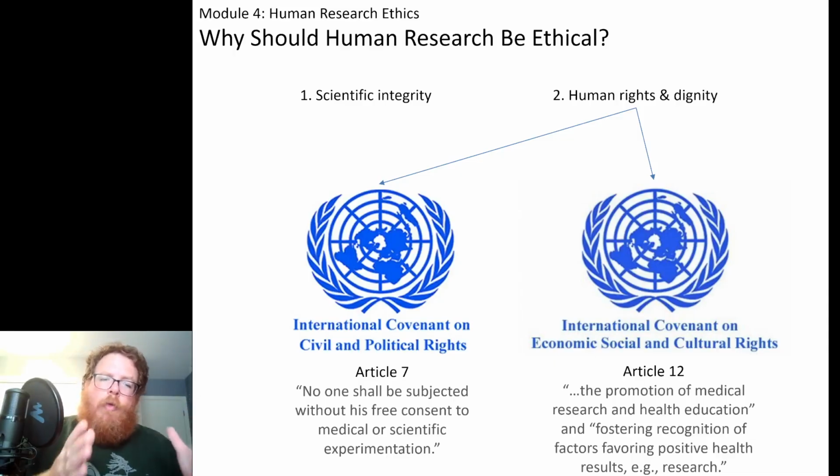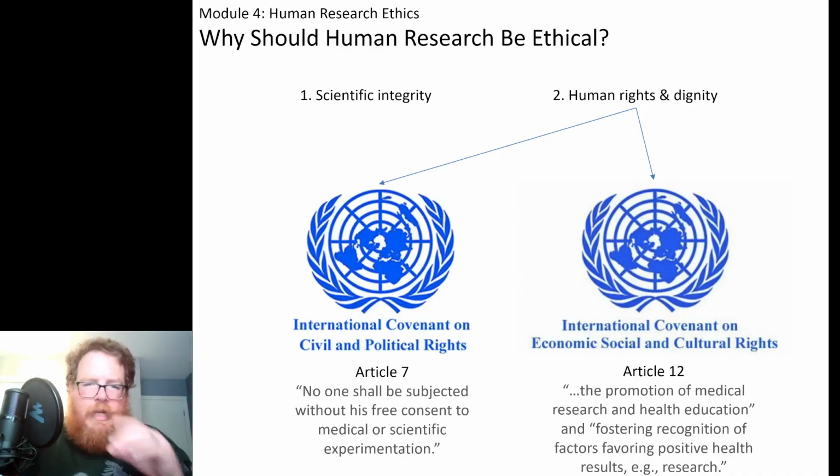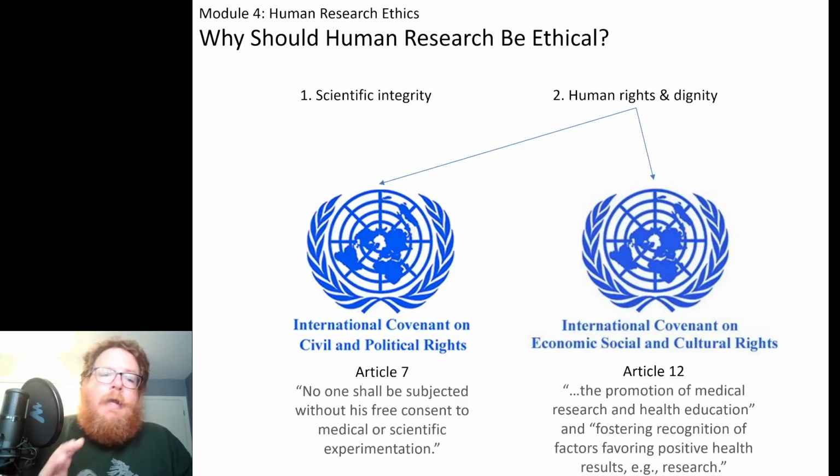So it's important to recognize that this balancing act exists, and we can't tip too far in favor of either side. If we tip too far toward not doing any research, because we think that's the only way to guarantee that people are treated with the rights and dignity they deserve, then of course we're going to suffer when it comes to understanding how to improve human health.